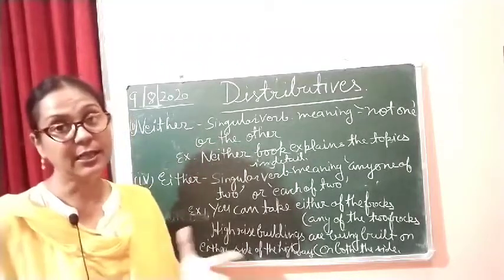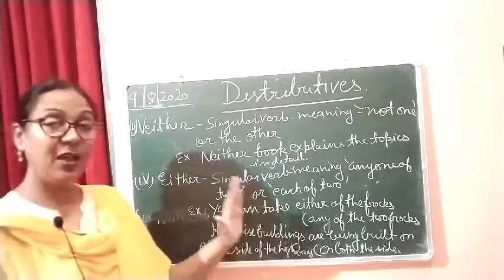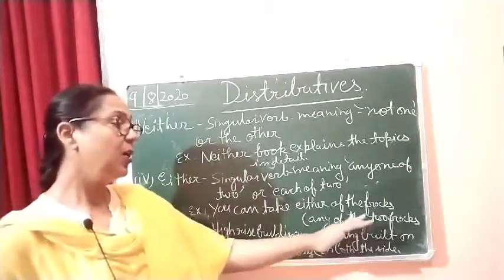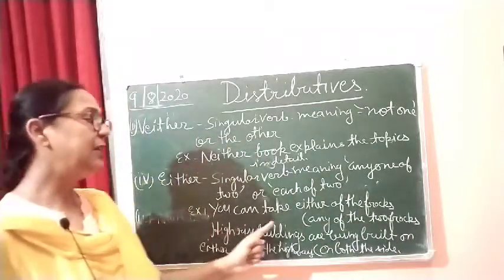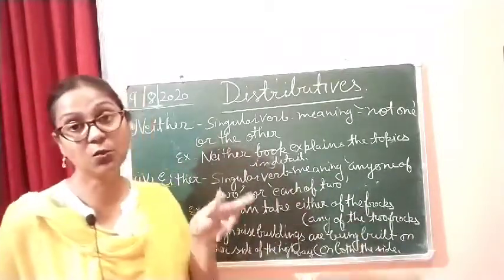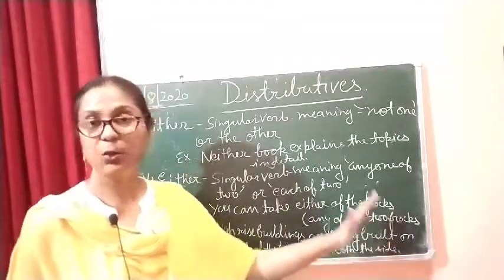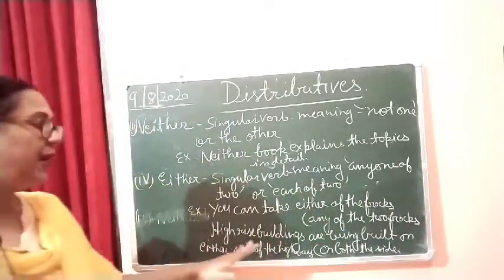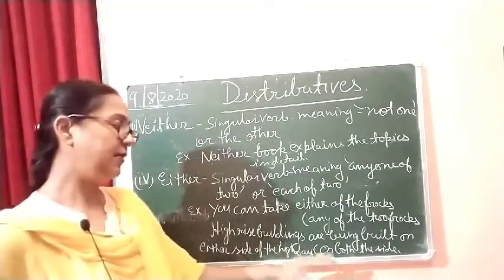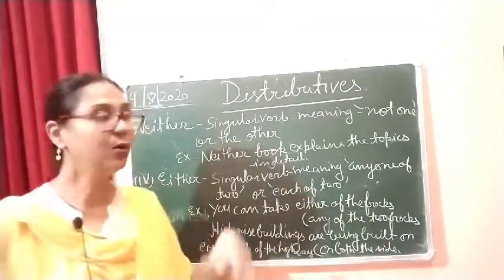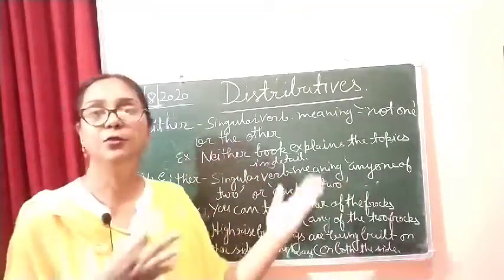So here we can see the options also. If we are supposed to use it with any of the two, then we write: you can take either of the frogs. There are two options, so any of the two frogs you can take. Now here: high-rise buildings are being built on either side of the highway, on both sides. So this is talking about any one of two, and here each of two.